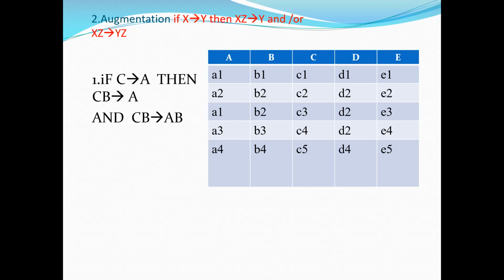No. Similarly, we can add B to both sides. CB can functionally determine AB also by the augmentation rule. By the augmentation rule, either we can add attribute or attributes to the left hand side, or we can add attribute or attributes to both sides.